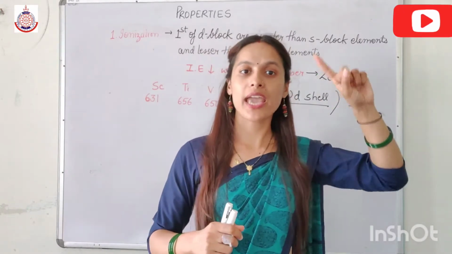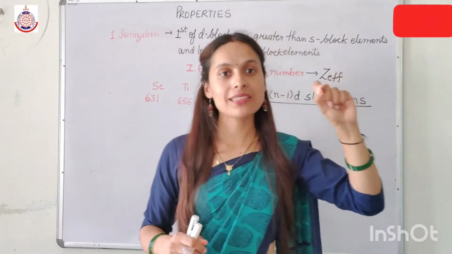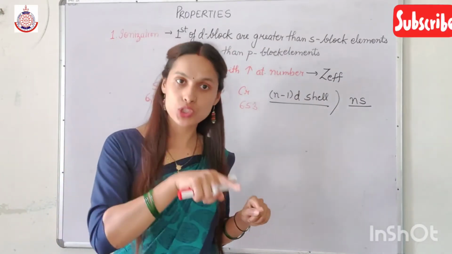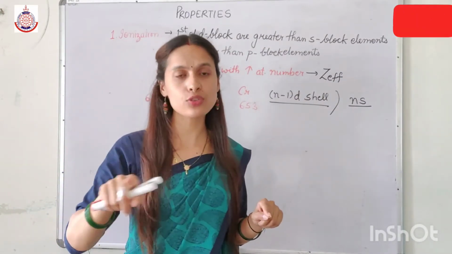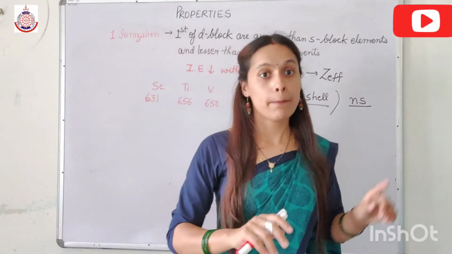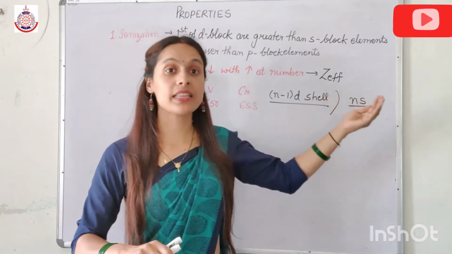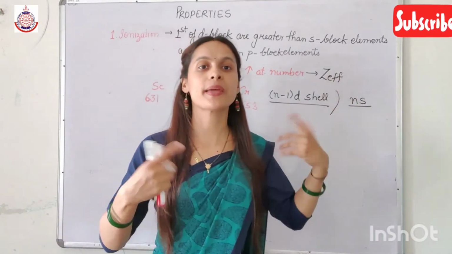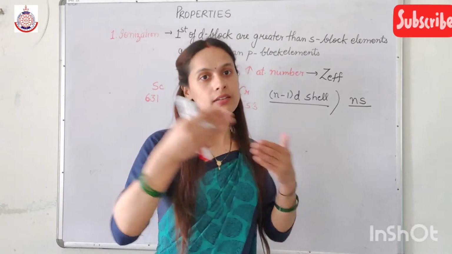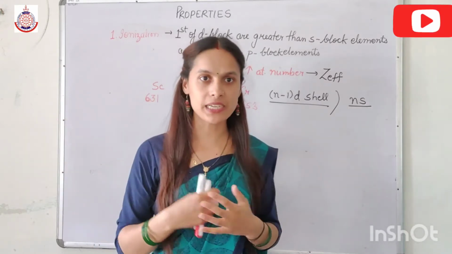But if we talk about S and P block elements, the coming electron will enter the outermost shell only. So there is no role of shielding because the electron is coming in the outermost shell. But here the electron is coming in the penultimate shell. Now what is the penultimate shell? A shell which is present before the valence shell.